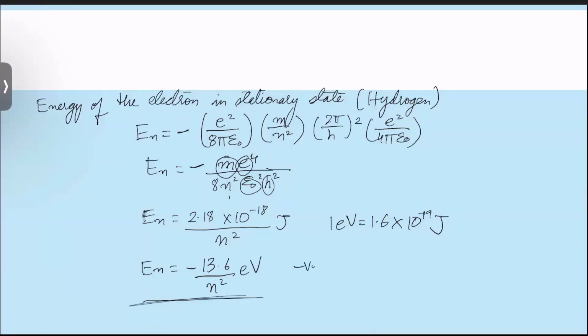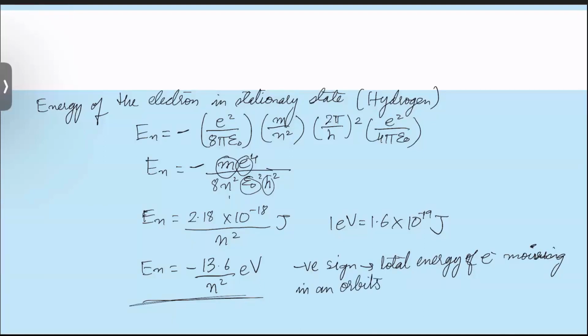The negative sign, what does it denote? It shows that the total energy of the electron moving in an orbit is actually bound.